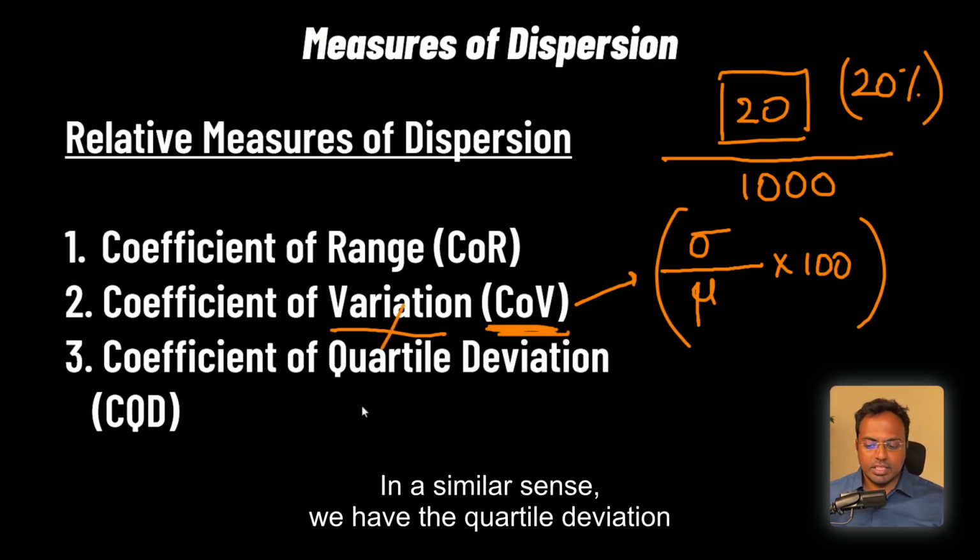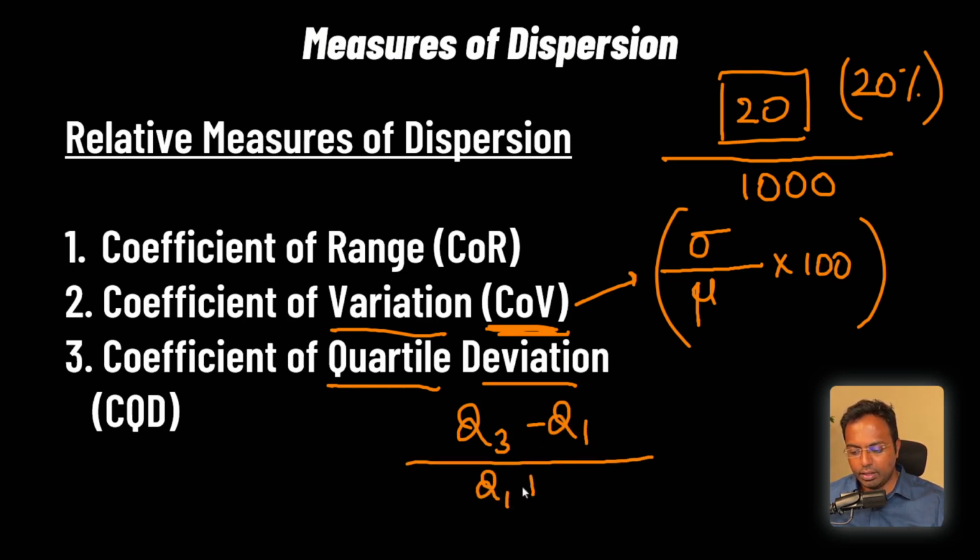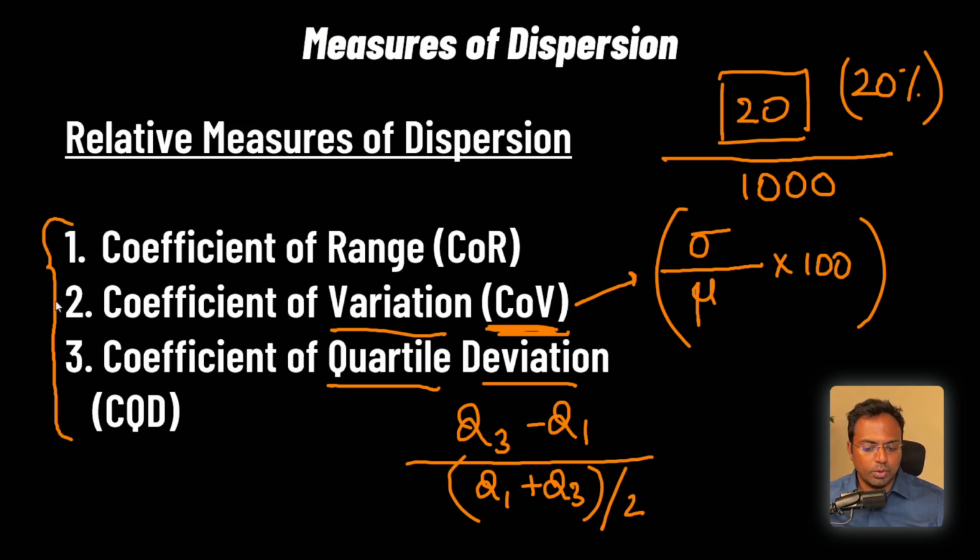In a similar sense, we have the coefficient of quartile deviation, which is Q3 minus Q1 divided by Q1 plus Q3, by 2. This also serves the same purpose as the other two. But amongst the three, in my practical experience, we compute the coefficient of variation very frequently. Whenever you compute the standard deviation, this is usually what is reported when you compute the description of a particular column in Pandas or any of the packages.